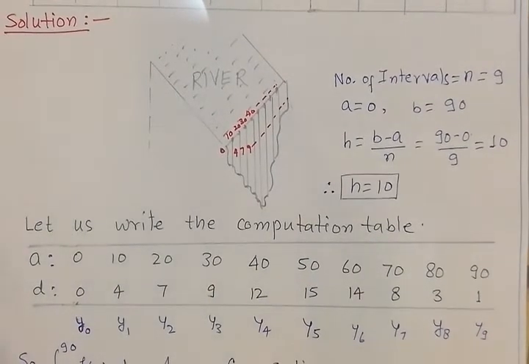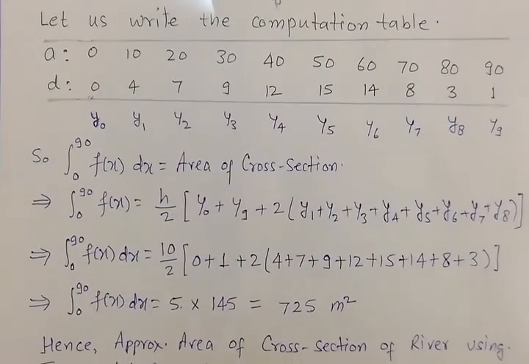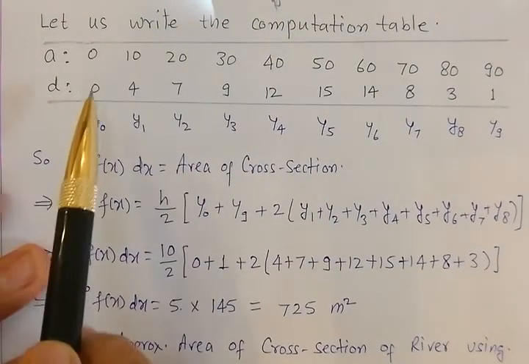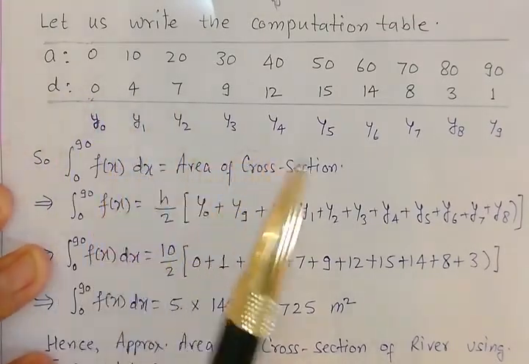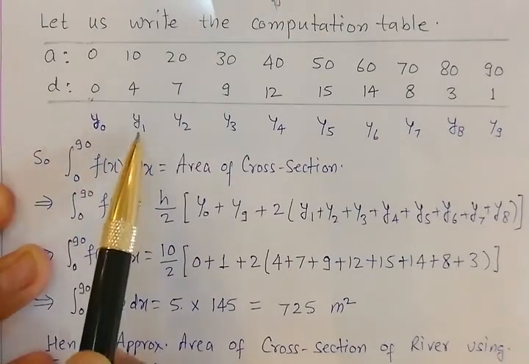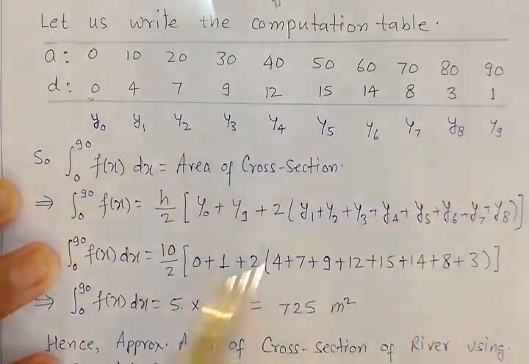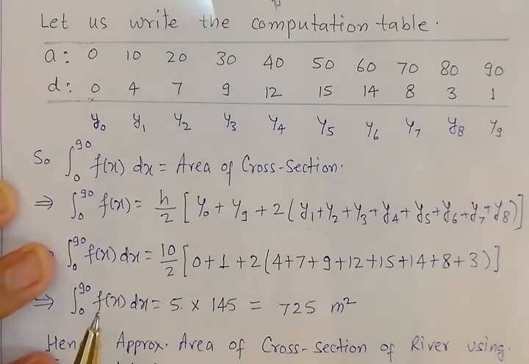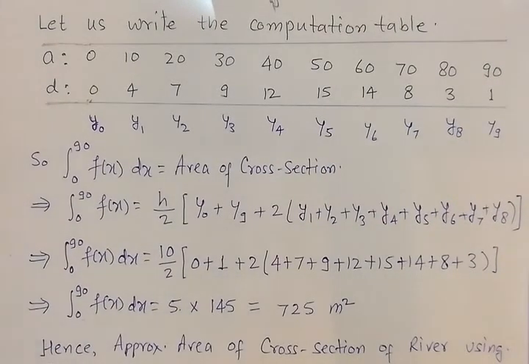Now coming over the main solution, you can see in this computation table where the depths are given, let us mark y0 to y9. So this is y0, y1, y2, y3, y4, y5, y6, y7, y8 and y9. Now let us customize the trapezoidal rule according to our problem.